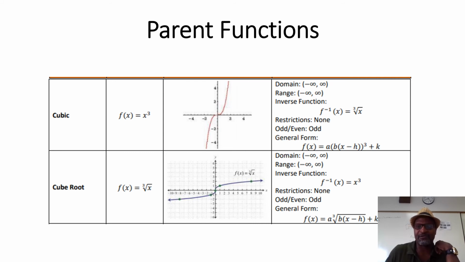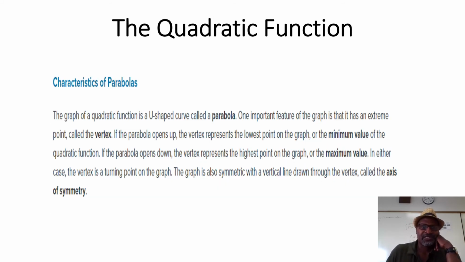So when you graph, you ought to be able to tell what type of function it is. So a quadratic function, these are the ones that we're going to focus on. The graph of a quadratic function is a U-shaped curve called a parabola. One important feature of the graph is that it has an extreme point called a vertex.